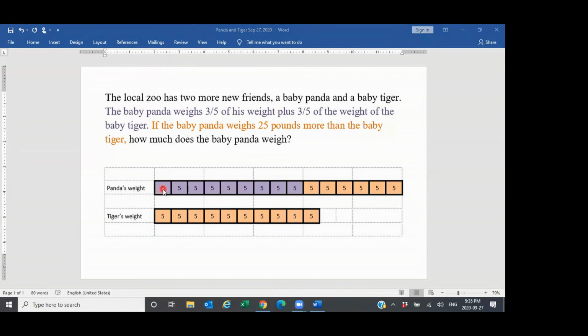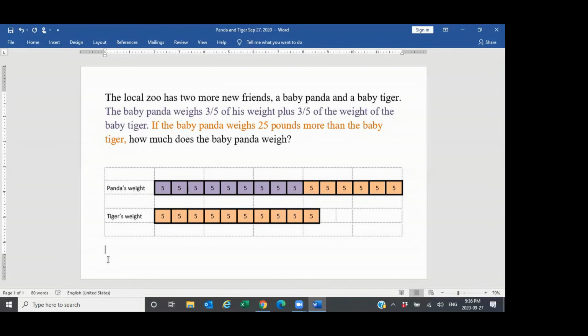Look, he has 1, 2, 3, 4, 5, 6, 7, 8, 9, 10, 11, 12, 13, 14, and 15 smaller rectangles. If each one represents 5 pounds, then we do 15 times 5. And 15 times 5 is 75. Yes, 75. So the panda must weigh 75 pounds.